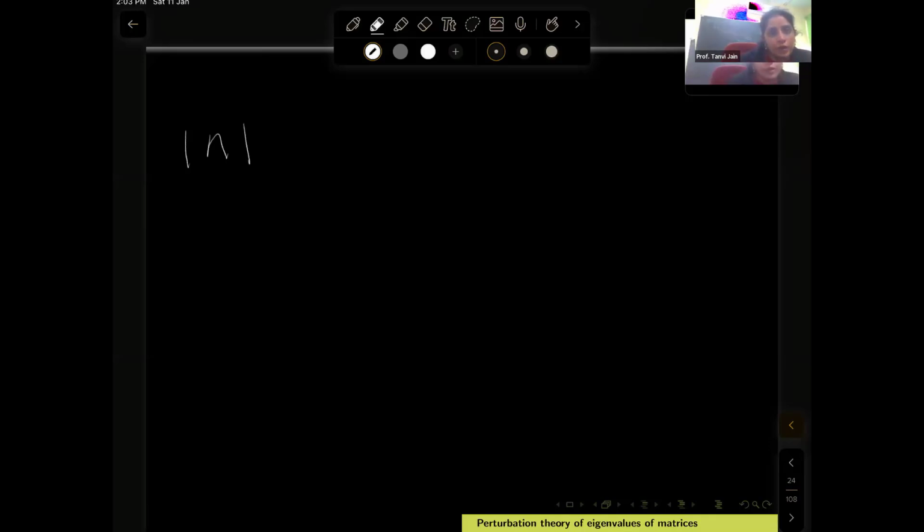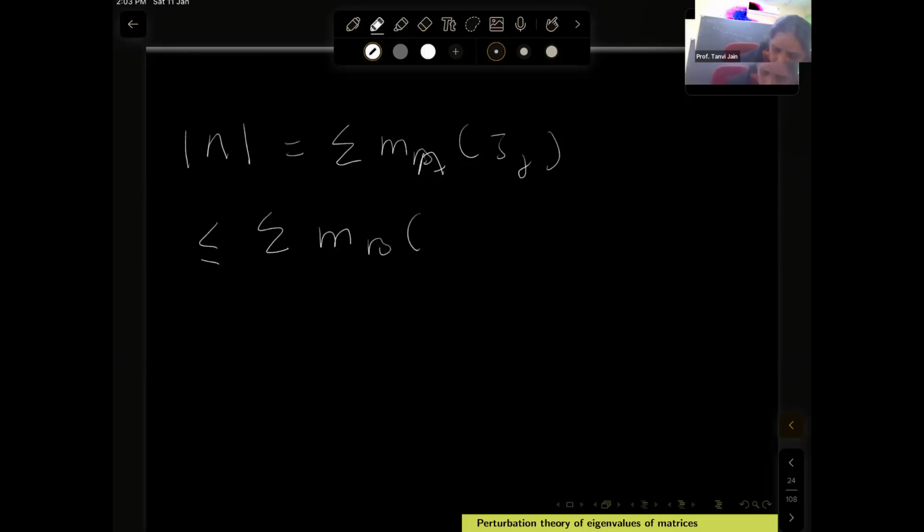Looking at all eigenvalues of A, when we consider λ_1 to λ_k, those are in the union of the J_j. So |λ| will be equal to the summation of MA of J_j. By the proposition, this is less than or equal to the summation of MB of J_j epsilon. This is the summation of MB of I_j.